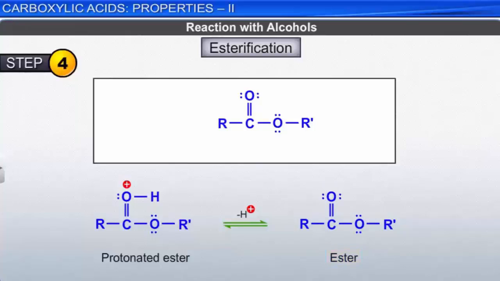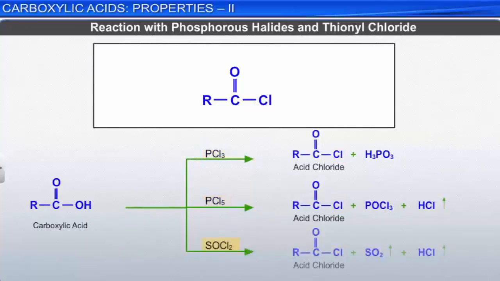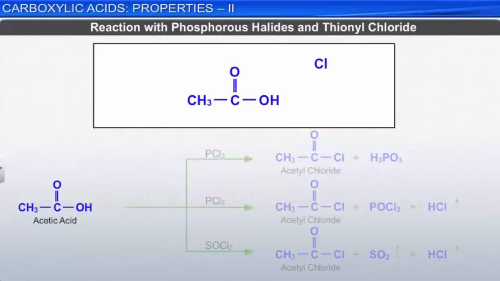The OH group of carboxylic acids is replaced by a chlorine atom on being treated with phosphorus halides or thionyl chloride to form acid chlorides. The reactions of acetic acid with phosphorus trichloride, phosphorus pentachloride or thionyl chloride are shown here.